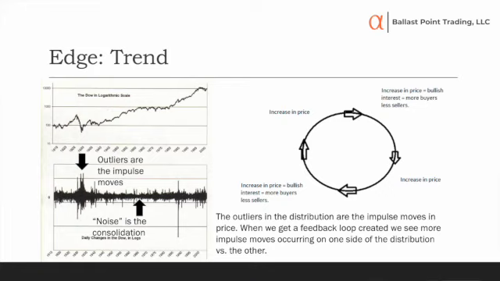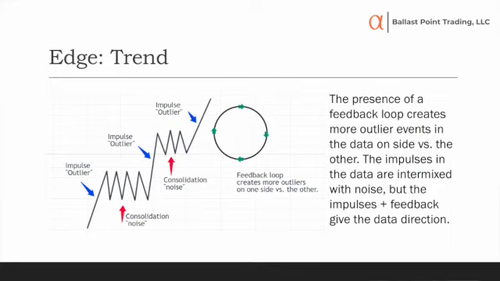When something starts to change the supply-demand dynamic, what we start to see in the data is more of the spikes on one side of the equation versus the other. They're random when they pop up, but we'll get more spikes, say, on the upside in a positive feedback loop. And that's what creates the trending price action.